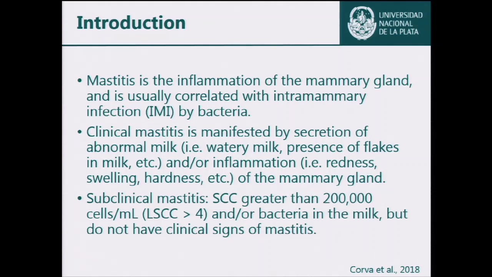What I'm going to talk about today is the records of clinical mastitis that we have in the dairy farms that we work with, and those records are basically recorded by the people who work on the farm.